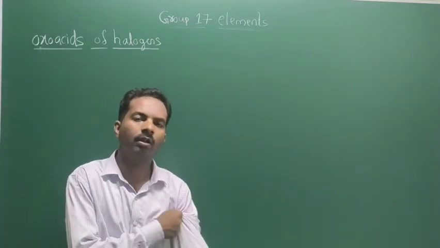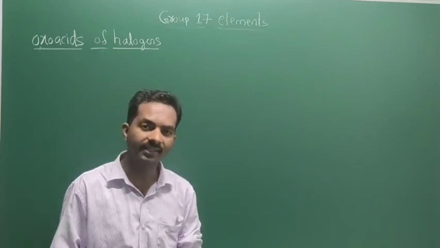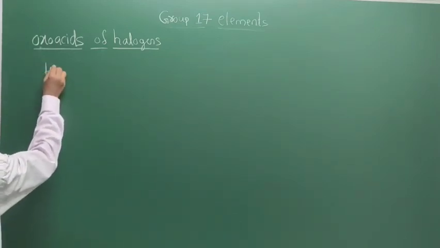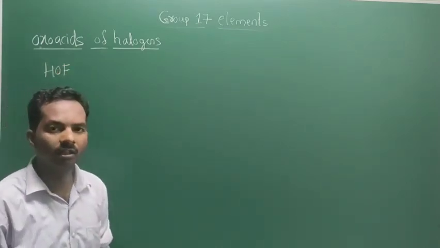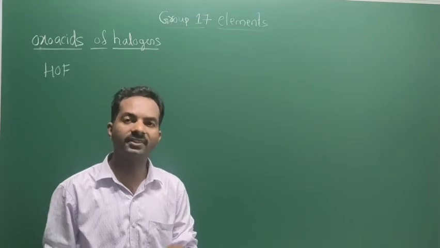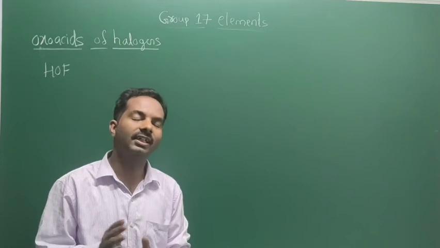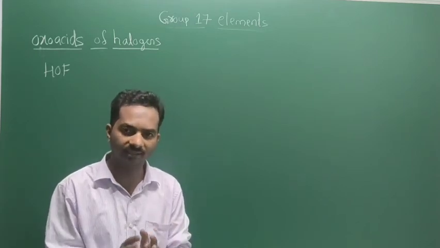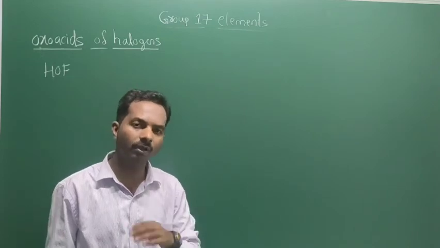So here fluorine can form only one type of oxoacid, that is HOF. So this is known as fluoric acid or hypofluorous acid because fluorine exhibits high electronegativity and smaller size. Therefore, fluorine can form only one type of oxoacids.